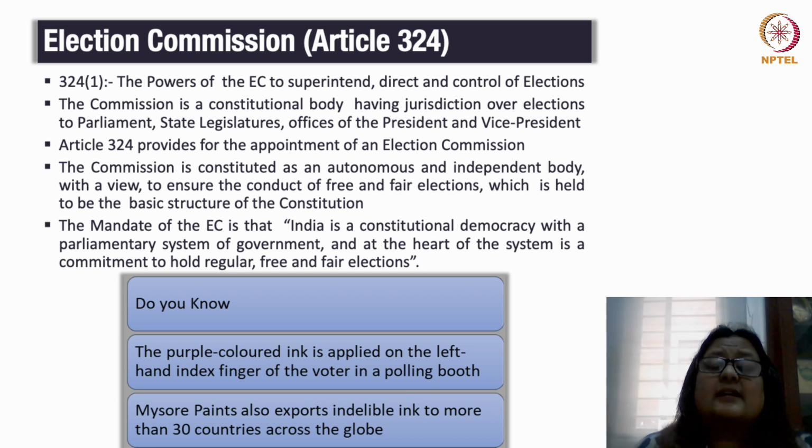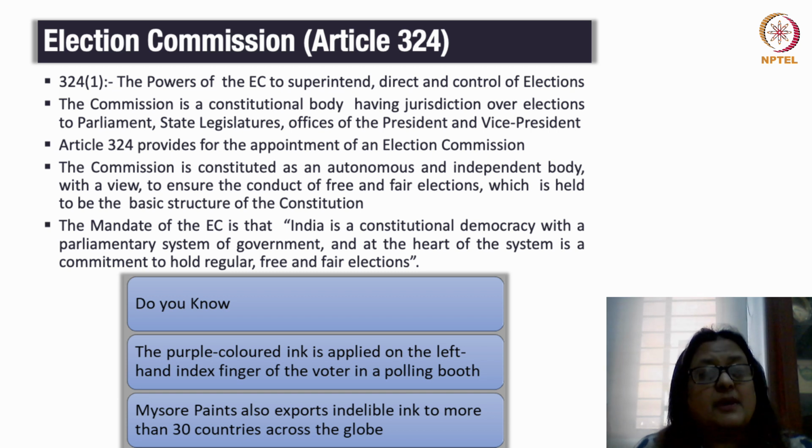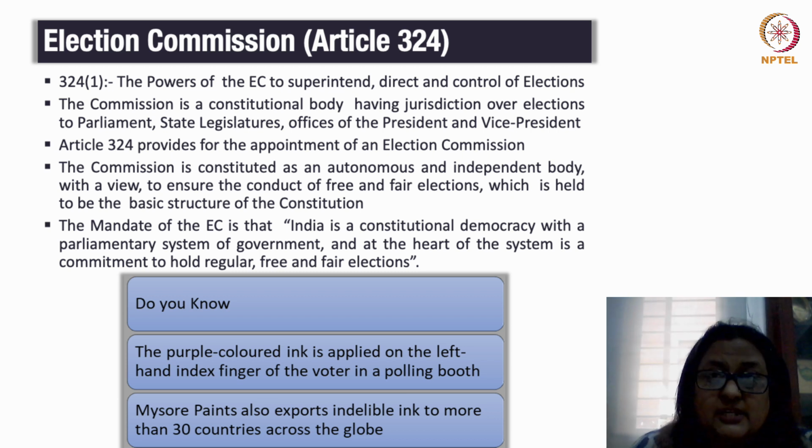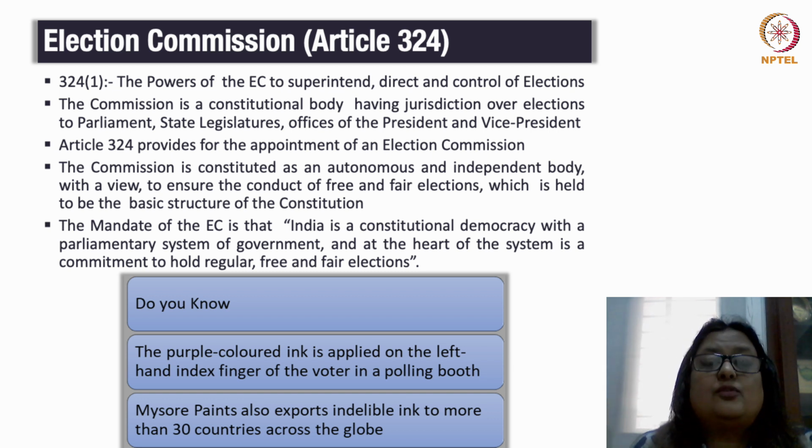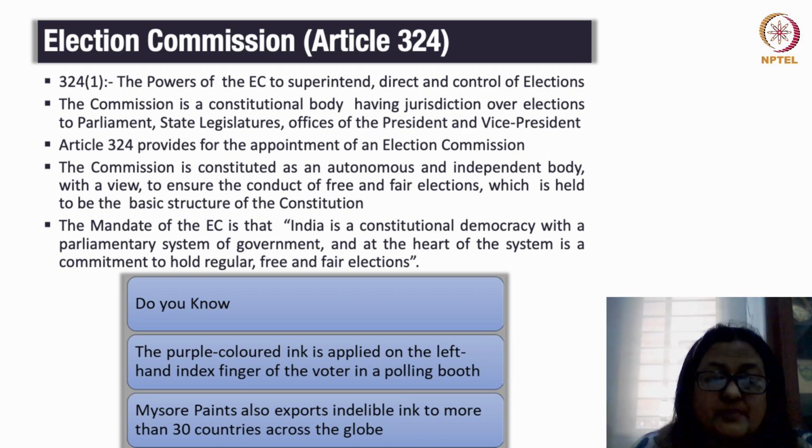The Rajya Sabha cannot be dissolved. It is a continuous body, but still the Election Commission conducts the elections for the members of the Rajya Sabha. Therefore, the mandate is to conduct regular, free and fair elections. The Constitution mandates the Election Commission that no constituency shall be unrepresented for many terms. It has to be represented either in the House of People, that is Lok Sabha, or the Rajya Sabha.